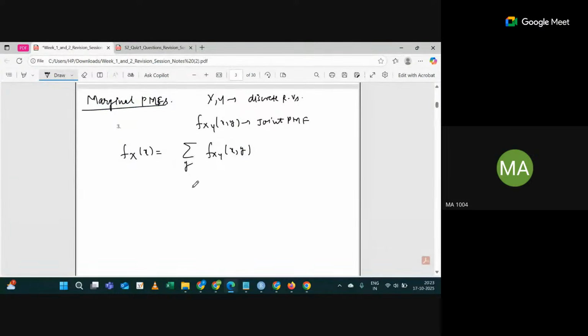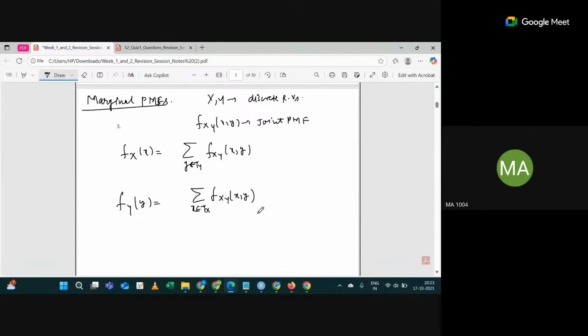Basically, you sum over the random variable which you don't want. Now what is fy of y? I need y, so I have to sum over all the possible values of x. Understood?